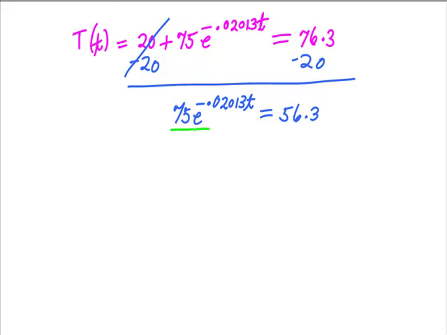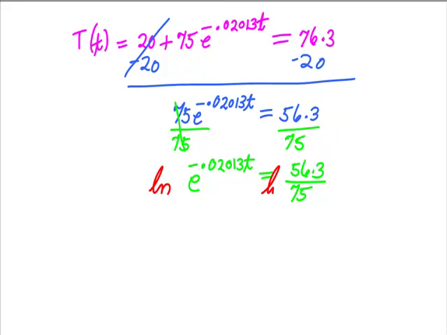We're going to divide by 75. And we get e to the negative 0.02013t is 56.3 over 75. Okay, so now we take the natural log of both sides, and that gives us that negative 0.02013t is the log of that quotient.